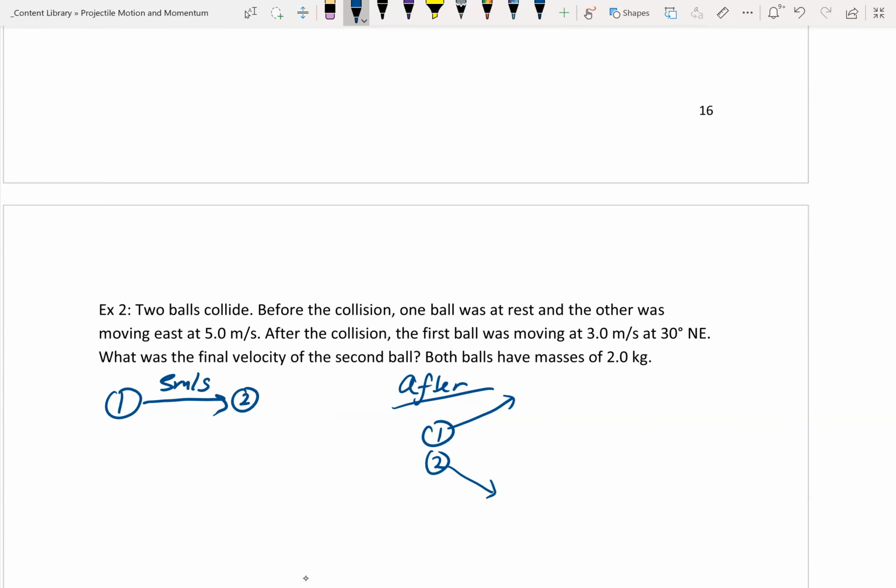If I want to analyze the vector of our first ball, it's going to look something like this. The x component of that is 3 cos 30. The y component will be 3 sine 30. Again, this is for our first ball.